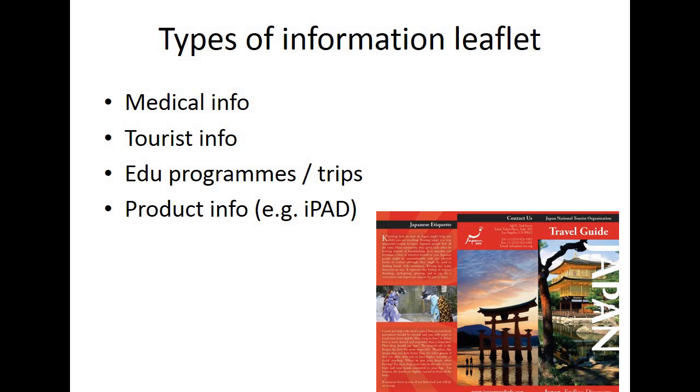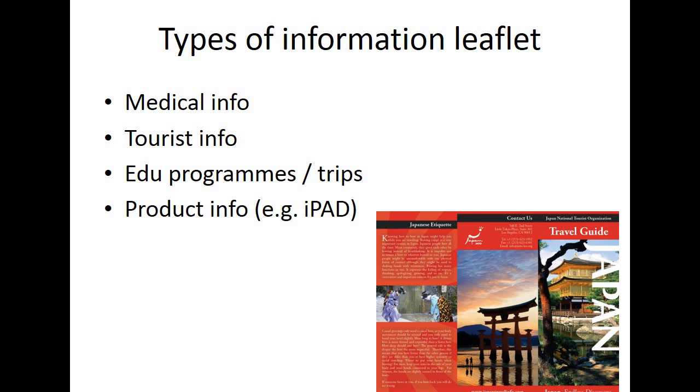Tourist information, definitely, right? Because you go to, for example, the Japan Tourism Board, and in that office you can just look at the travel guides, different parts of Japan, for example, and immediately, at a glance, looking at all these leaflets, you can make certain decisions very quickly.